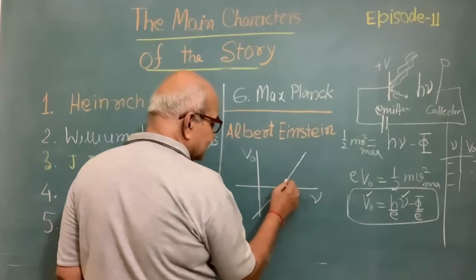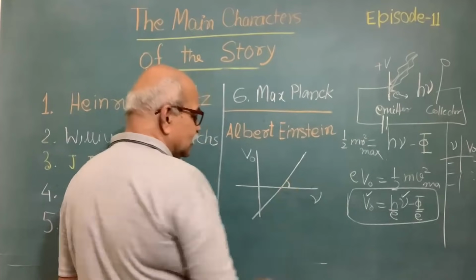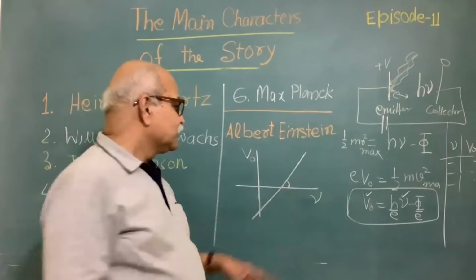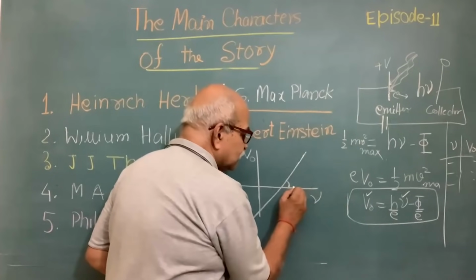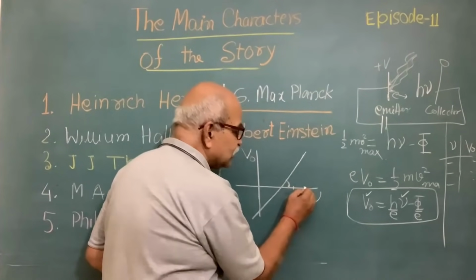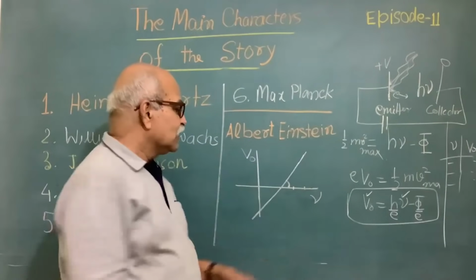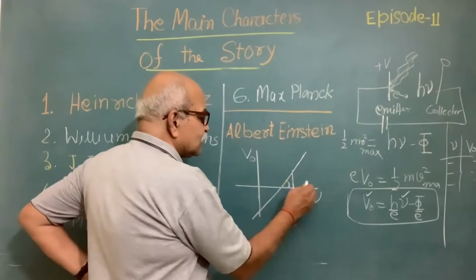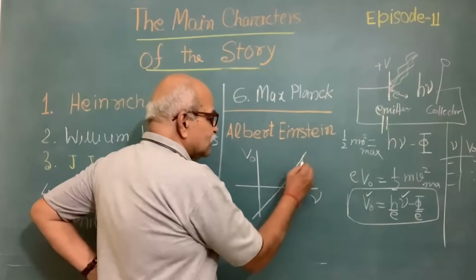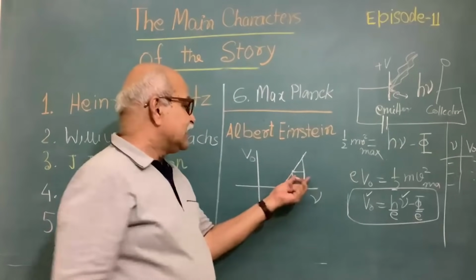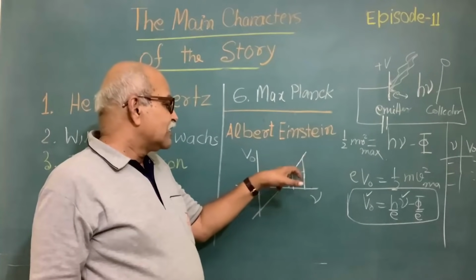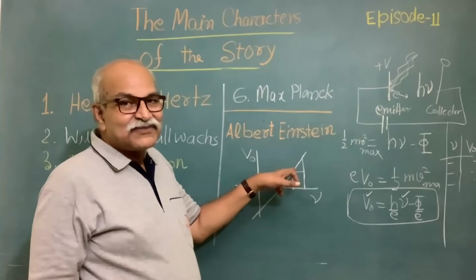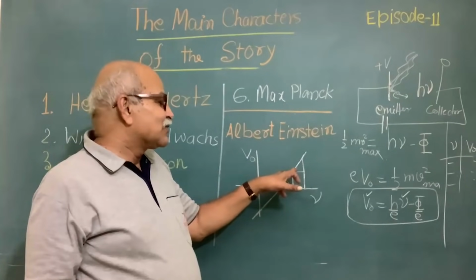And here, the slope. You know what slope is? Tan theta. If you increase this nu by a certain amount, you find how much V naught is increased. This is the increase in nu, this is the increase in V naught, and this divided by this is tan theta in this figure, and that is called the slope.